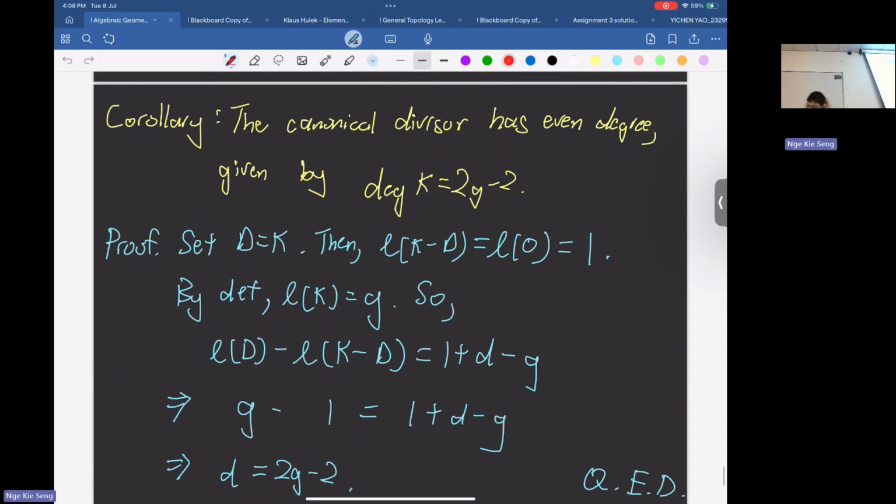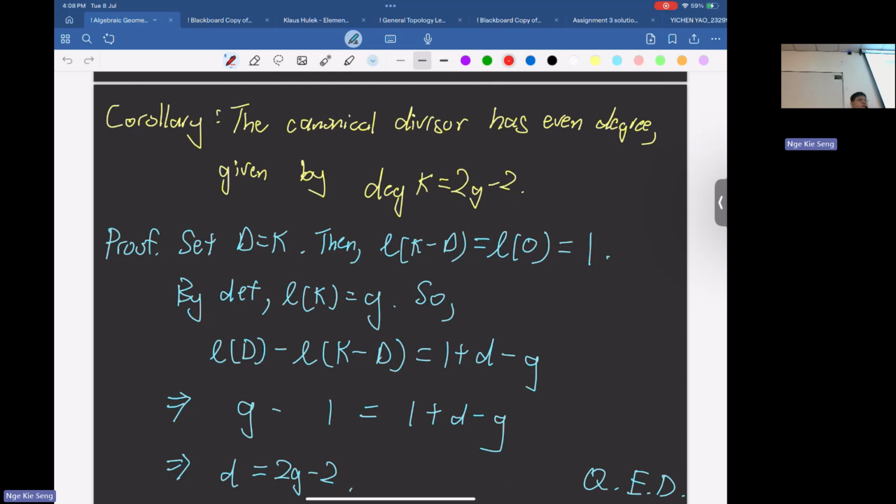Okay, so there are a few useful corollaries here. One corollary is that the canonical divisor has an even degree, which is 2g minus 2. If you learned maths enough, I think 2g minus 2 is a very familiar figure for you. Where have you seen 2g minus 2?